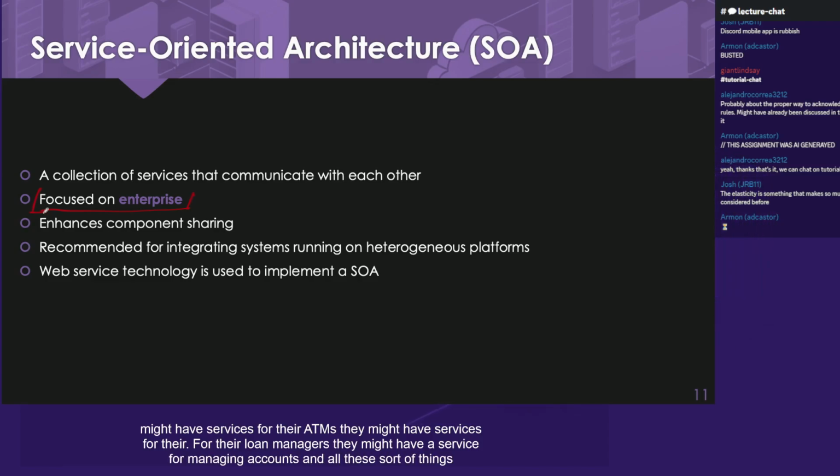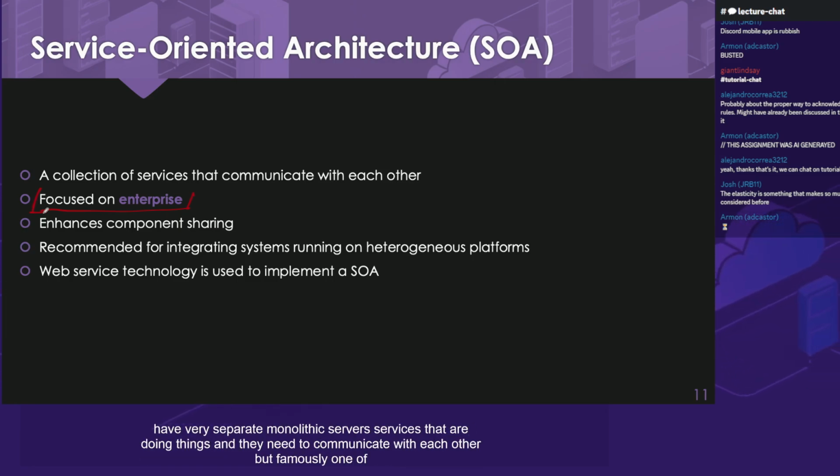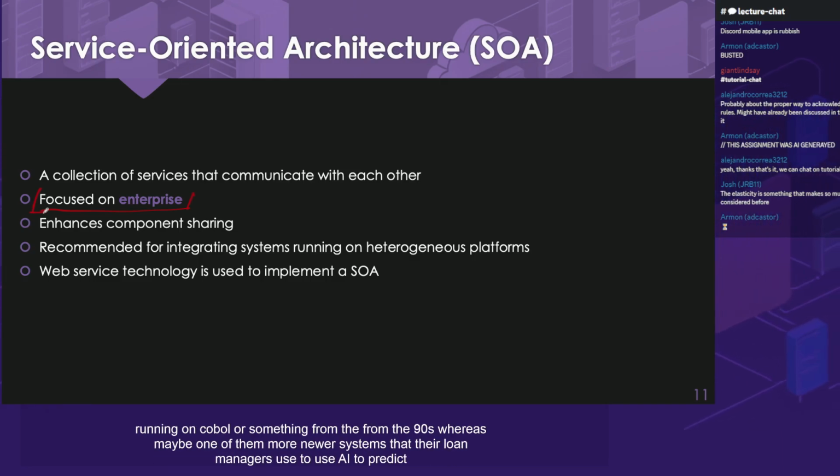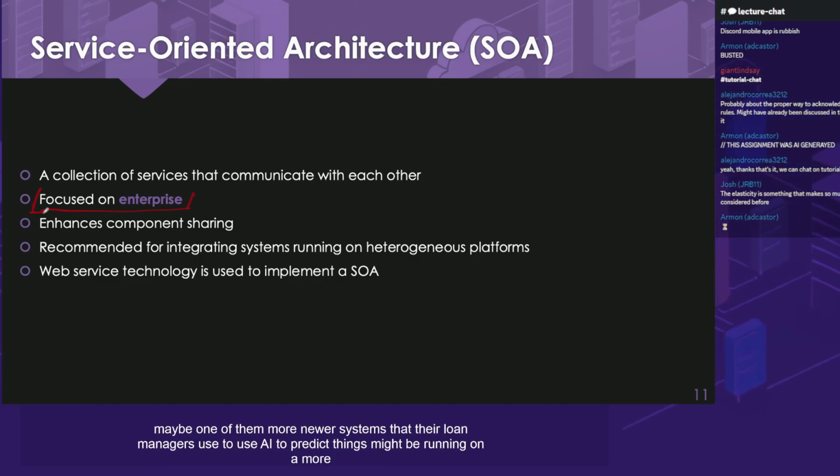They might have very separate monolithic services that are doing things, and they need to communicate with each other. But famously, one of those services for the bank might be running on COBOL or something from the 90s, whereas one of their newer systems that their loan managers use to predict things with AI might be running on a more modern-ish server, like a LAMP stack server, right?